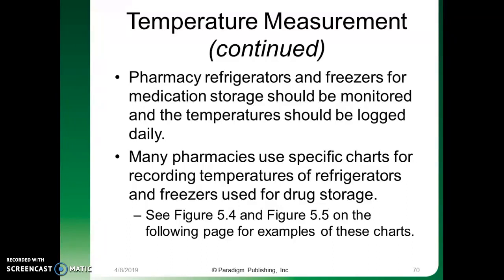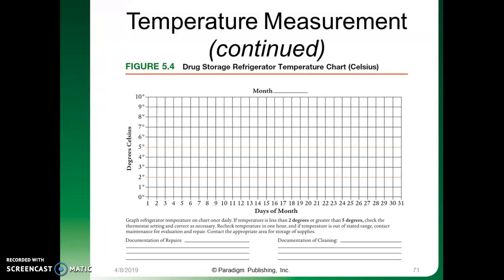Many pharmacies use specific charts for recording temperatures of refrigerators and freezers used for drug storage. Figure 5.4 and figure 5.5 on the following pages show these charts. So this is an example of a chart. You would jot down the first day of the month, the second, the third, the fourth, and so forth until the 31st of the month.